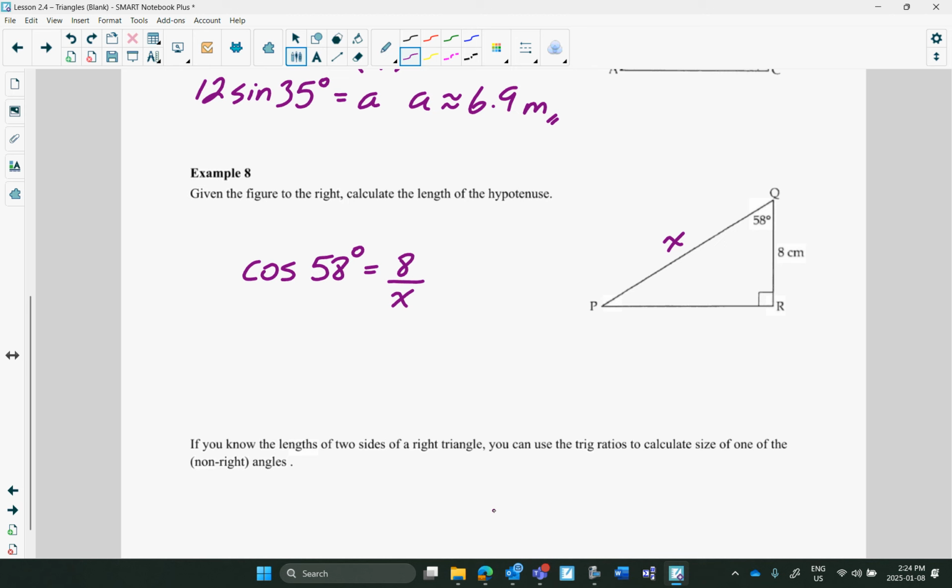Now I've got to do a couple of steps here, actually. First of all, how do I get rid of the fraction? Times both sides by X. That's going to give me X times the cos 58 equals 8. So I got rid of the fraction, but I still don't have X by itself.